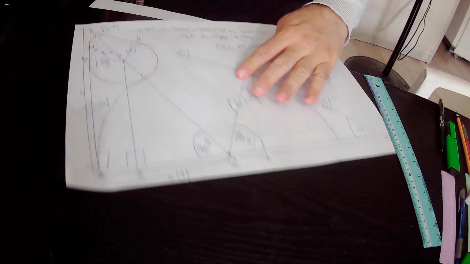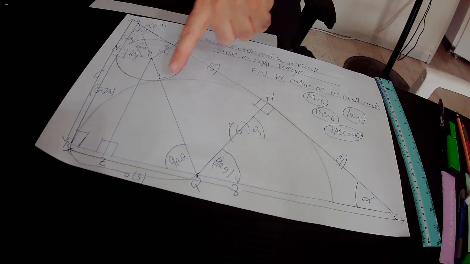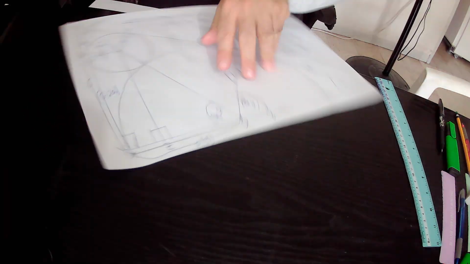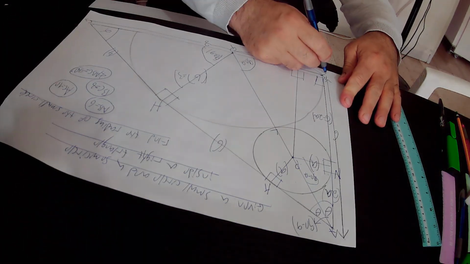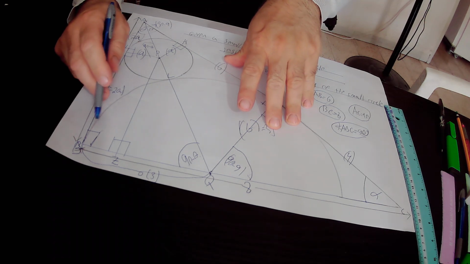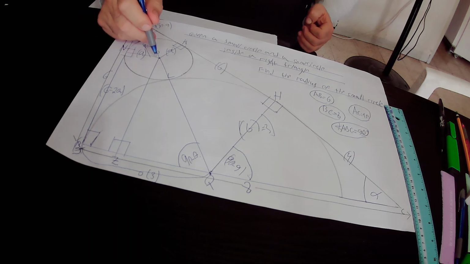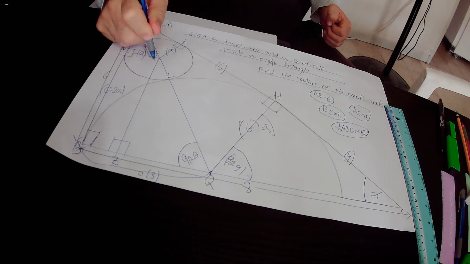By doing this construction, we can look at quadrilateral NPBZ. Inside quadrilateral NPBZ, we have 1, 2, 3 right angles. The sum of 3 right angles is 270 degrees. So 270 degrees plus the size of this fourth missing angle must be equal to 360 degrees, according to the rule that the sum of the angles in any quadrilateral is equal to 360 degrees.